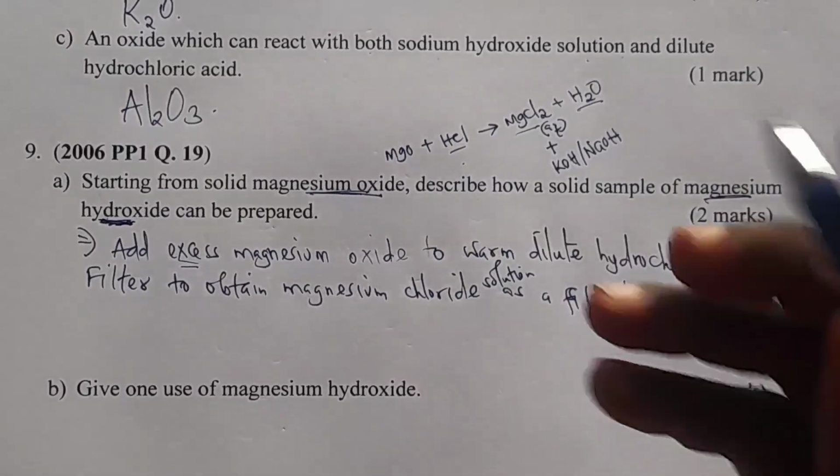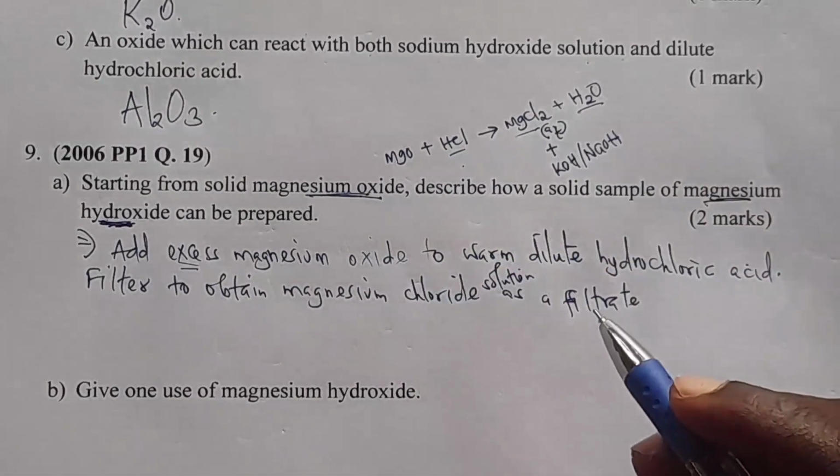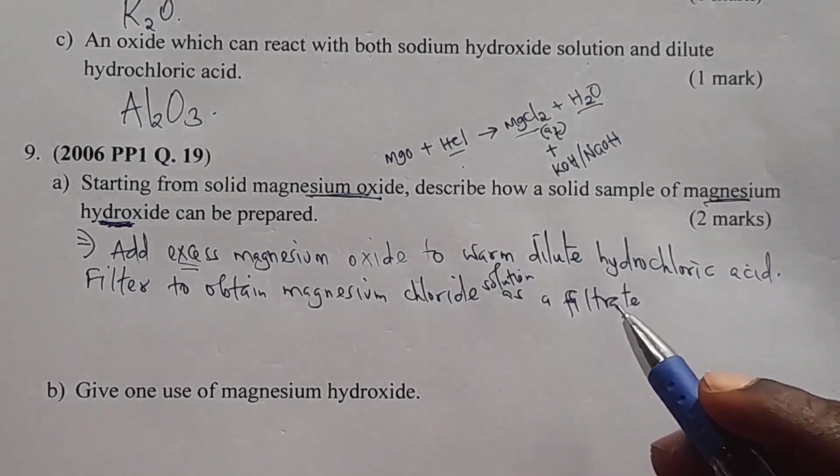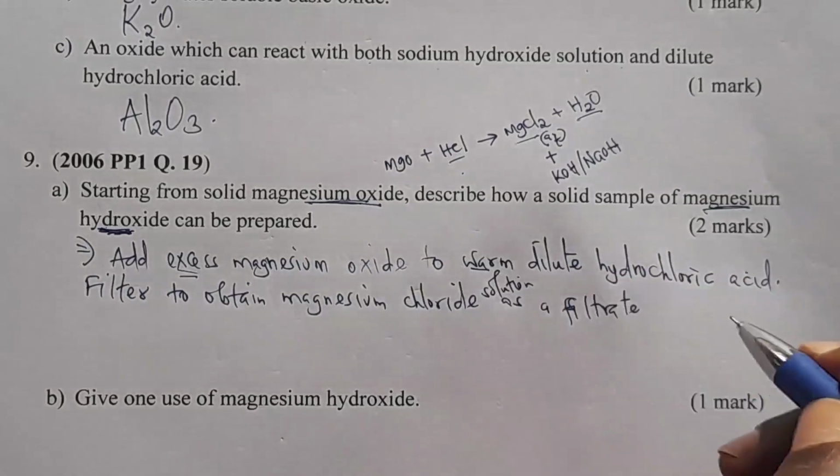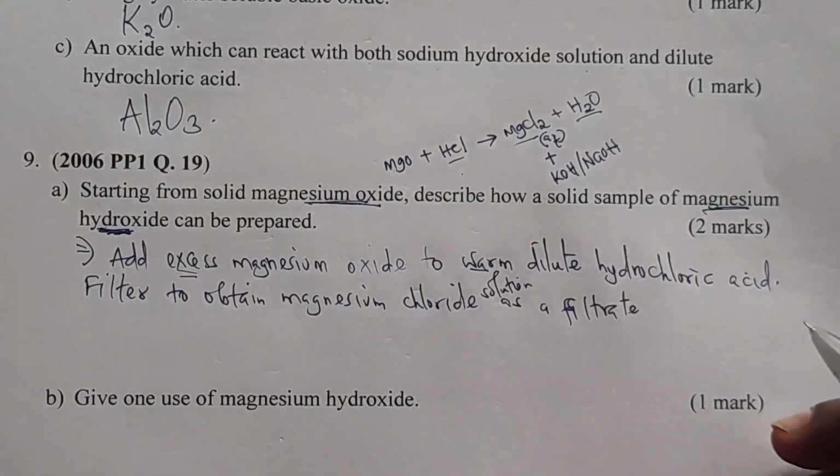So we are going to get magnesium oxide as a residue, the excess magnesium oxide to be as a residue. And the reason why we're using warm dilute hydrochloric acid is to speed up the rate of the reaction.